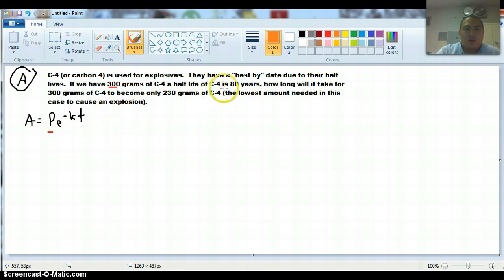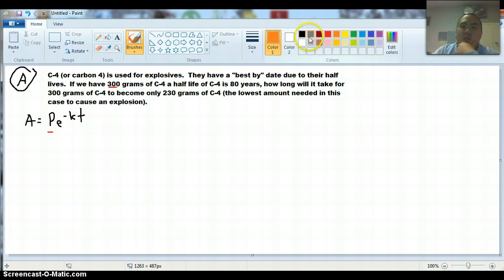I see that there's 80 years, but that's for a half-life, so I don't necessarily know what the rate is, and I don't know the time either. When I don't know the rate and I don't know the time, this becomes a more complicated half-life situation.